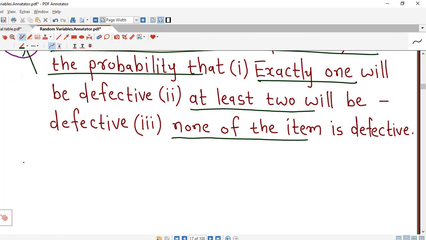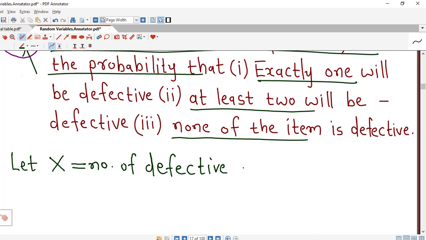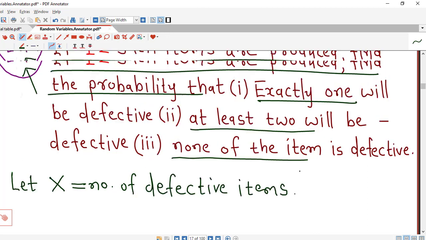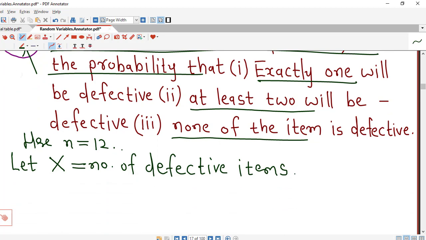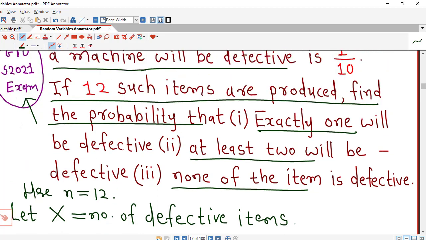So first we define the random variable capital X equal to the number of defective items. Here we have a sample of n equal to 12 items, since the number of items produced is 12, and we take x equal to the number of defective items.